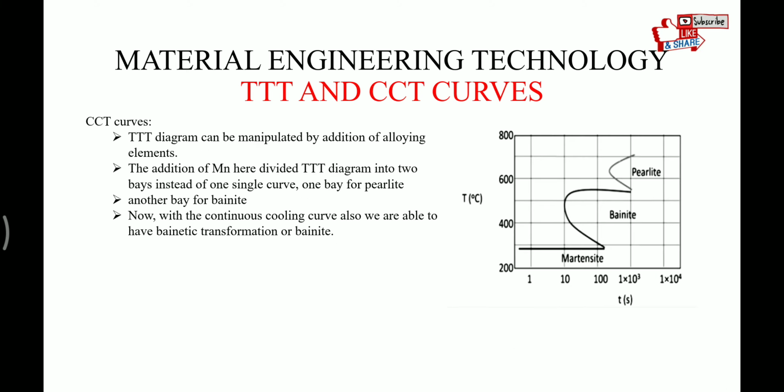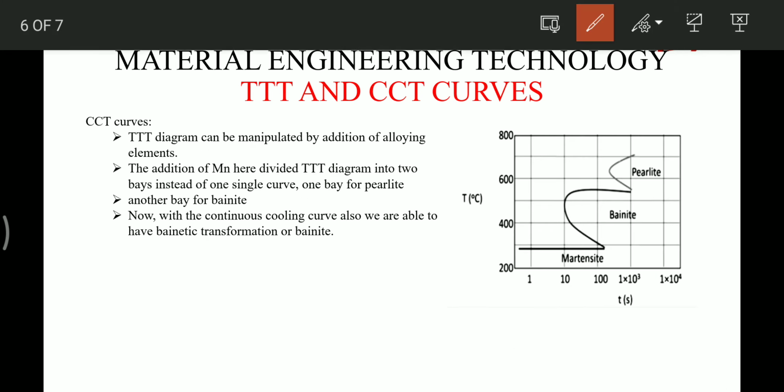So to have pearlite, bainite, all three, and martensite structure in CCT curves, what we have to do is add manganese to it. Okay friends, so manganese basically divides these curves into two parts, pearlite and bainite, and this is the martensite.